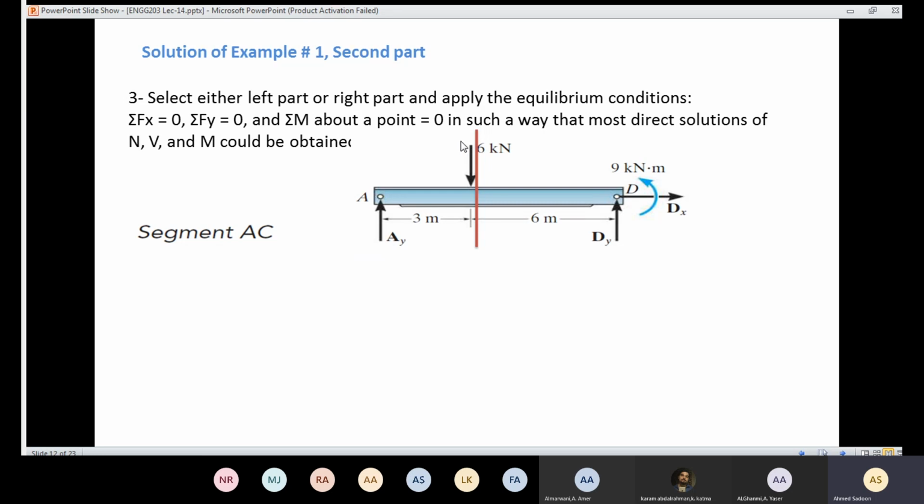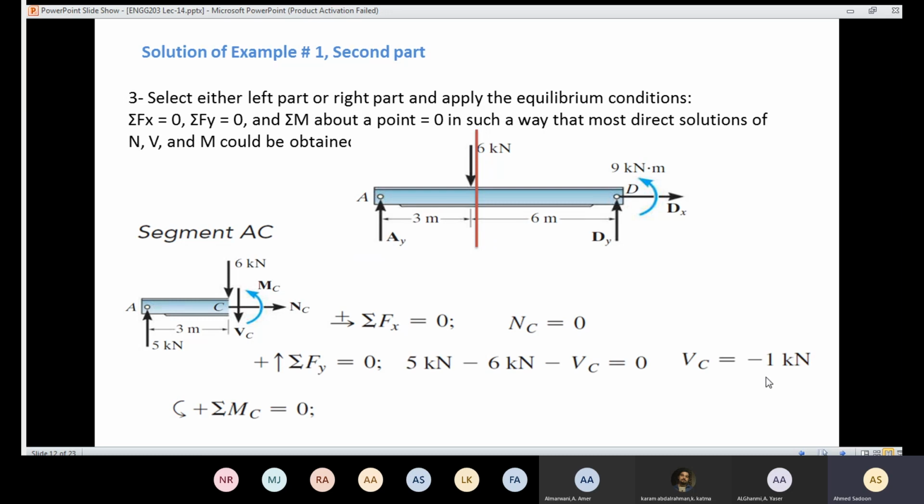So before the 6 kilonewtons, we have shear force positive 5, but because of the 6 kilonewtons, like you can see here, I have 5, but this one is down. That is why here we end up with minus 1 kilonewton. So the only difference was in the shear force.